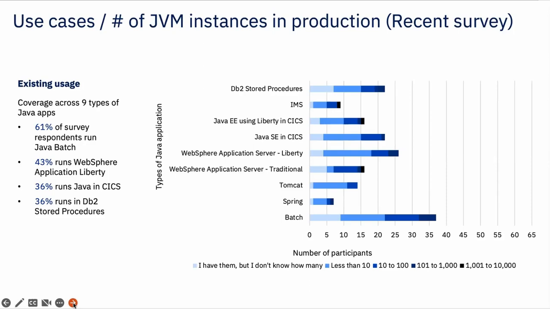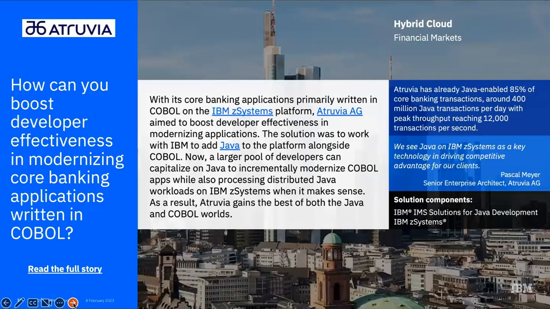And on the next slide, there's another prime example where we partnered with Atruvia to create a customer story. In this Atruvia example, if you click on that link titled Efficient Low Risk Modernization of Core Banking Applications, Atruvia is able to leverage Java alongside COBOL to preserve the best of both IBM Z systems and distributed worlds.